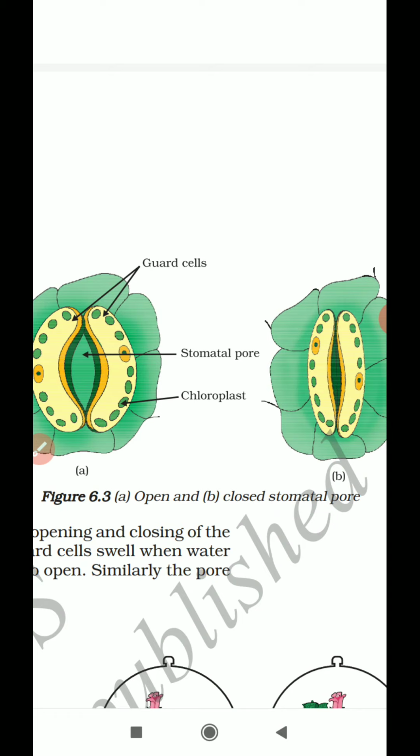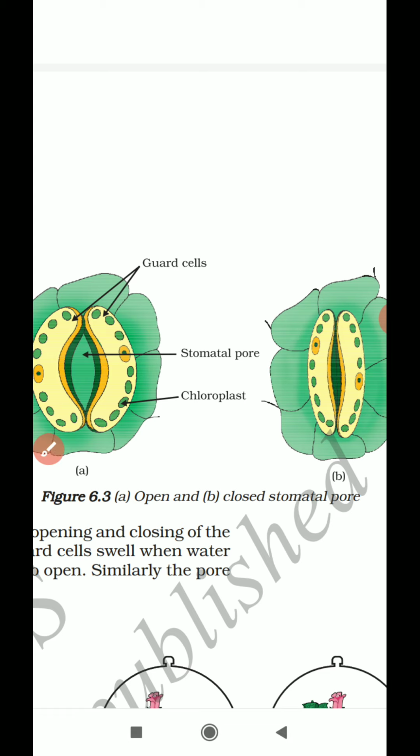So at that time, the guard cells will shrink. When the guard cells shrink, the stomatal pore gets closed. When the stomatal pore gets closed, the water will not come out from the plant, so that loss of water from the plant can be prevented. That is why the stomatal pore gets closed.